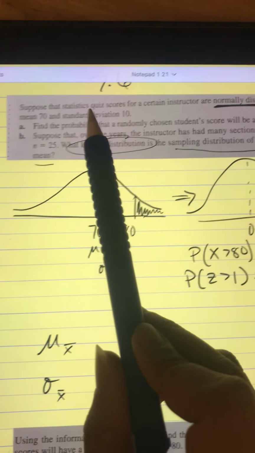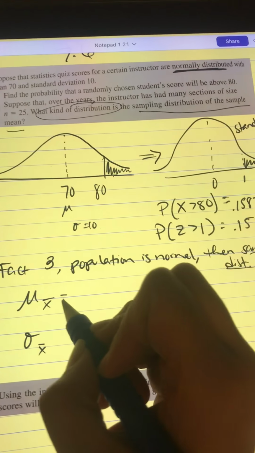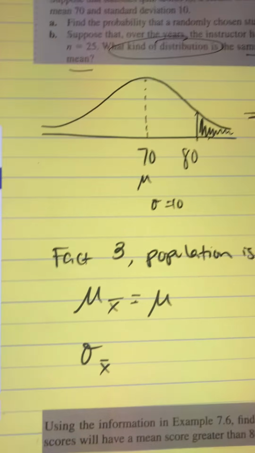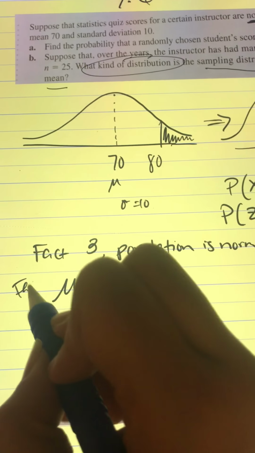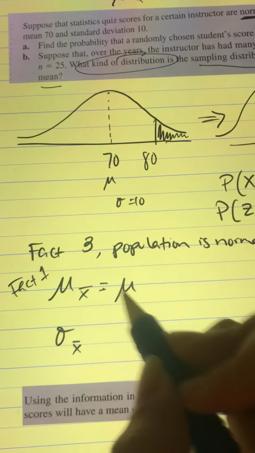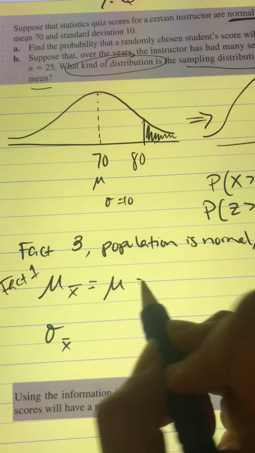Okay, if I wanted to find the mean of that normally distributed sampling distribution, then I would just need to look at the mean of the population. That's fact 1, which in this case happens to be 70.